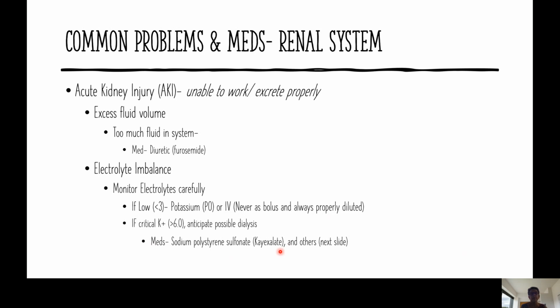It's a fancy name for it. And basically that is given and you poop it out. It pulls the potassium and gets it out of your bloodstream, and then you excrete it with stool.